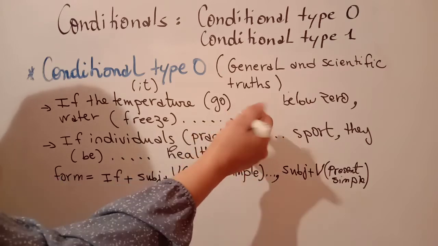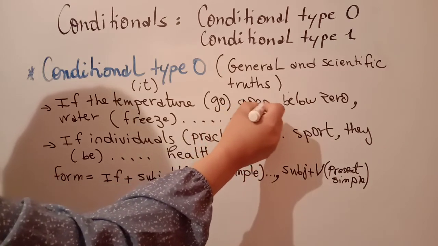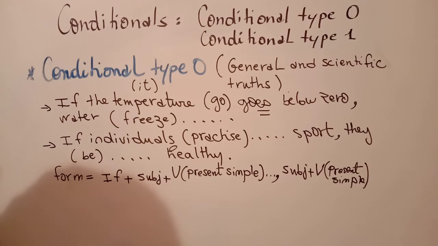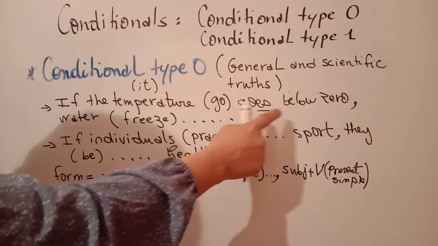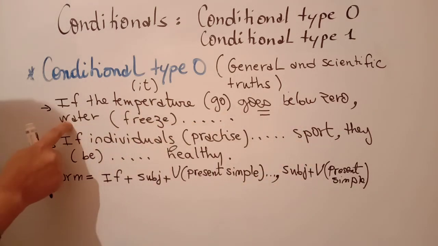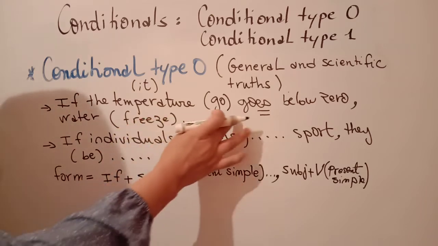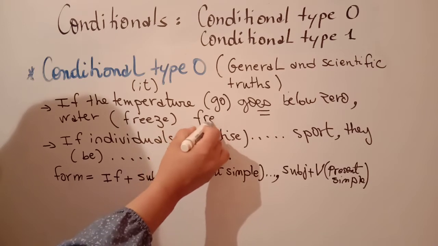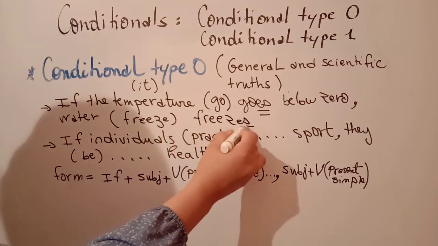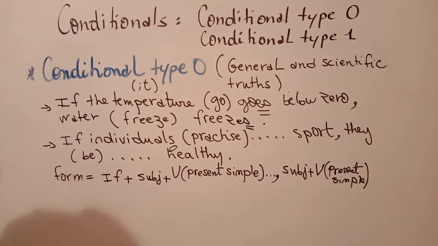Of course, it's goes. I go, you go, we go. He goes, she goes, it goes. So you have here the temperature goes below 0, water. Water is also it. So what is the form of freeze? Freezes. If the temperature goes below 0, water freezes. So present simple, present simple.